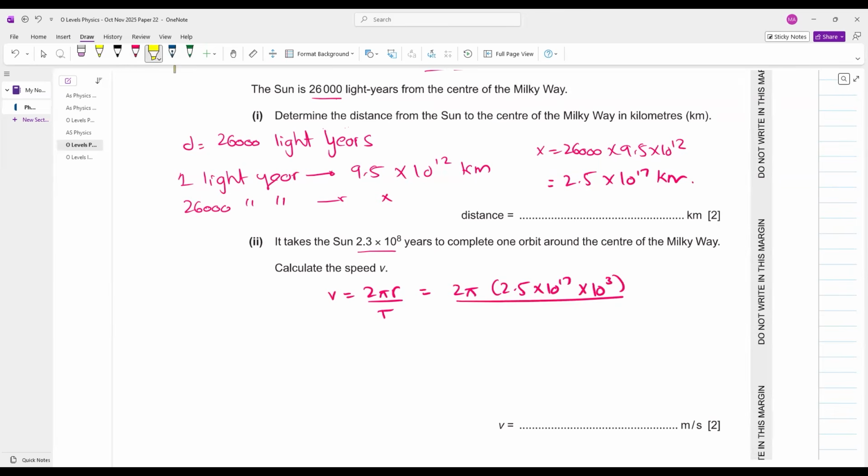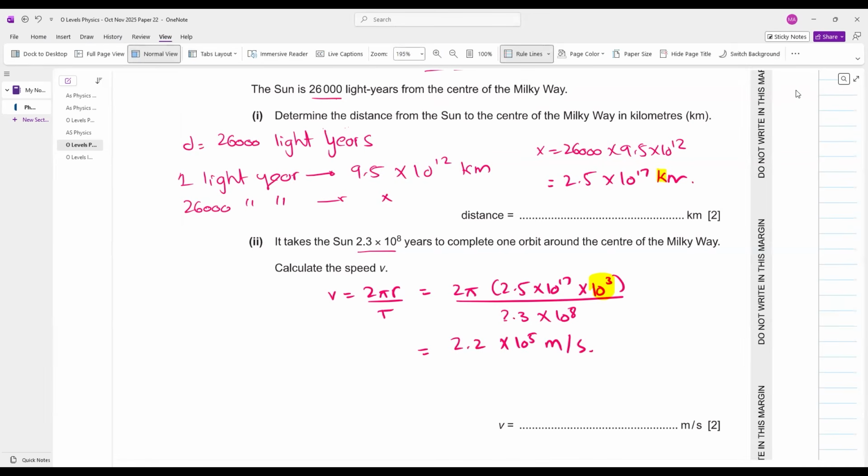Why have I placed this extra 10^3? Because kilometers is written. What is the time? 2.3 × 10^8. Can you calculate the orbital speed? The orbital speed comes out to be 2.2 × 10^5 meters per second.